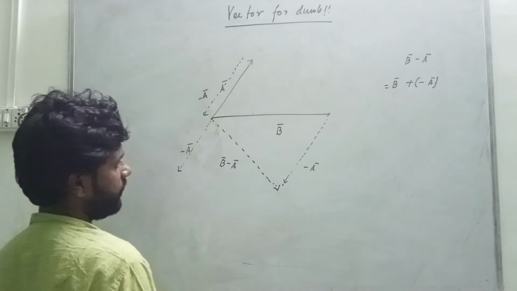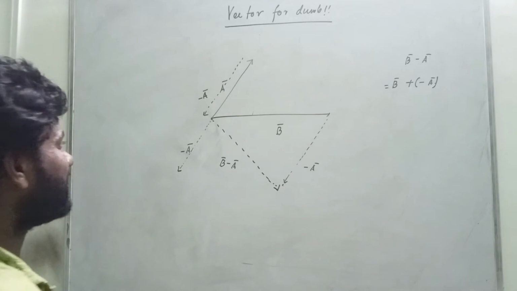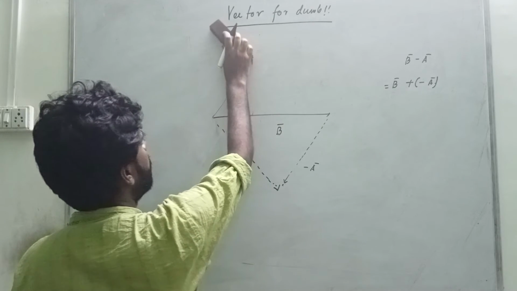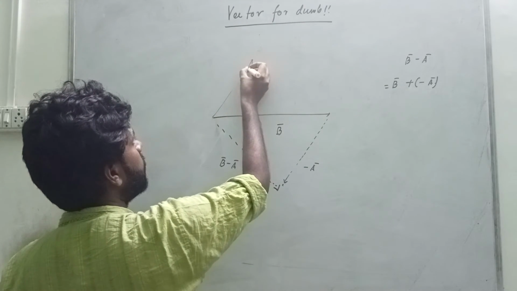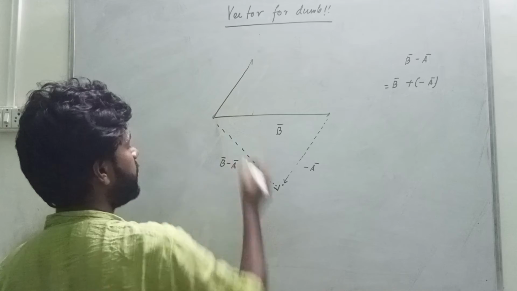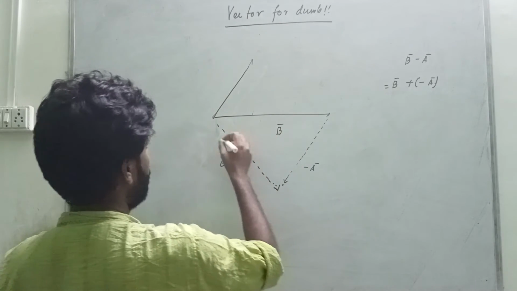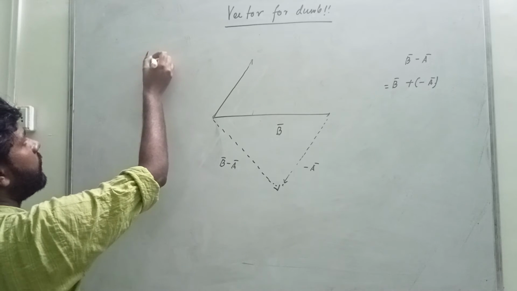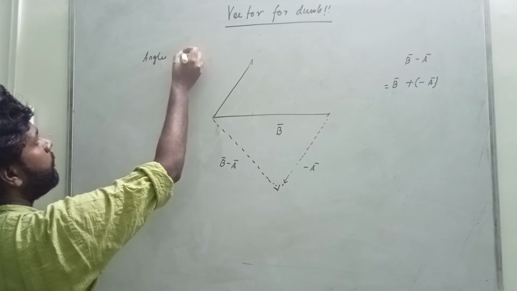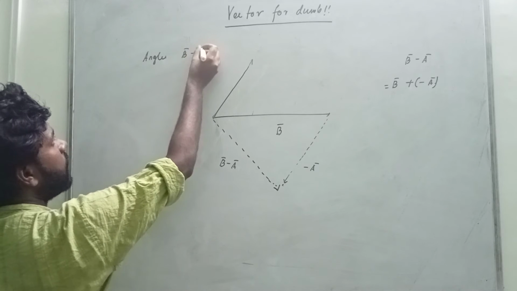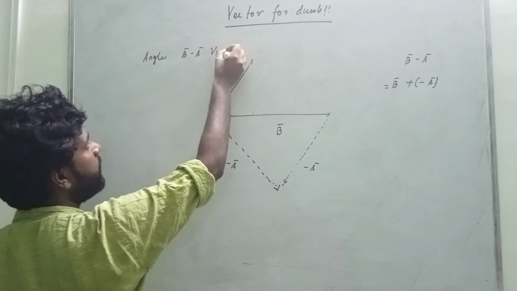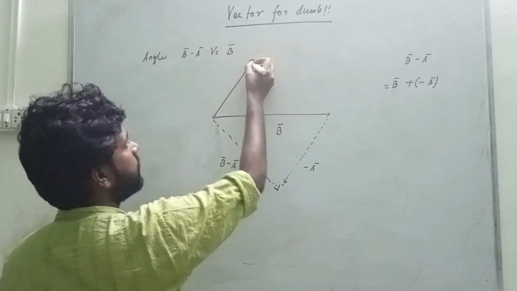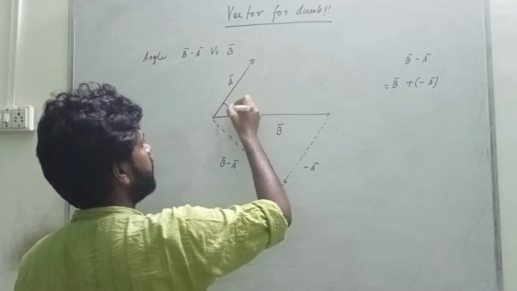It is our B minus A. Okay. So now I just erase all of this thing here. I want to calculate the angle in between B minus A and B. And just take it as A and theta here.